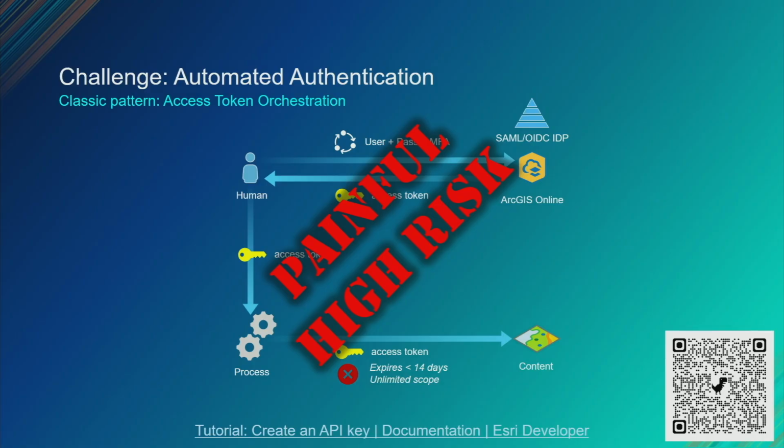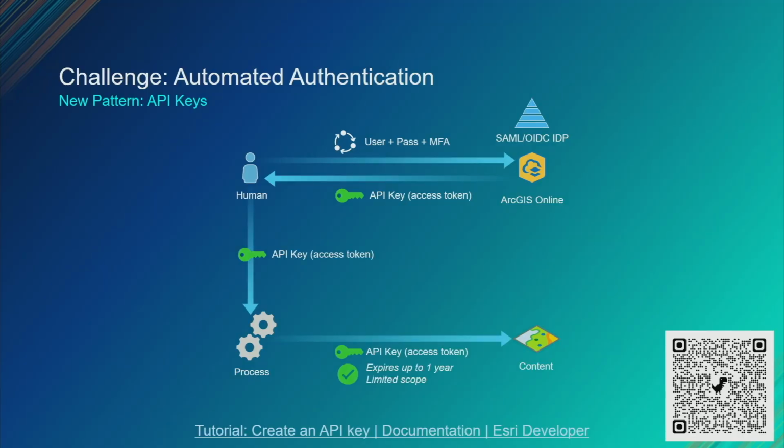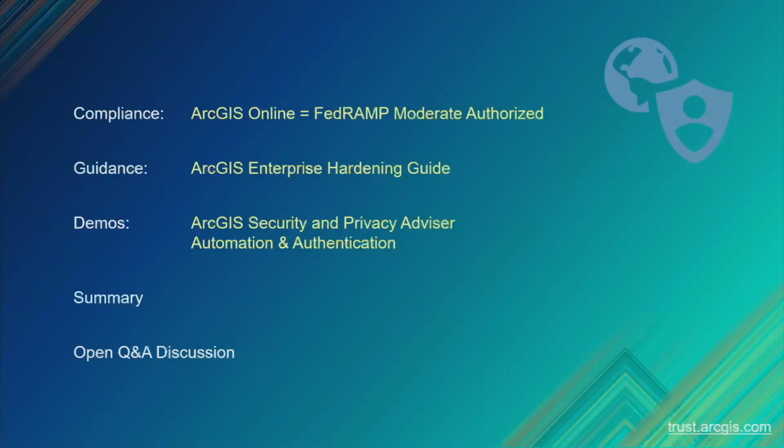Question: how does the security advisor work for offline or air-gapped installs in Enterprise? Your machine has to be able to reach the air-gapped system, because it runs as a client-side JavaScript process.